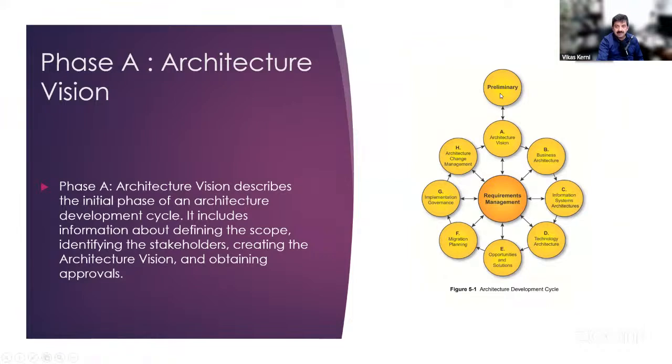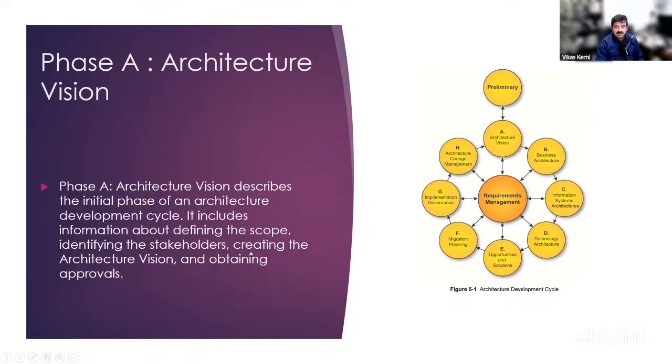After the preliminary phase, there's the architecture vision phase. This phase describes the initial phase of the architecture development cycle. It includes information on defining the scope, identifying the stakeholders, creating the architecture vision, and obtaining the approvals.